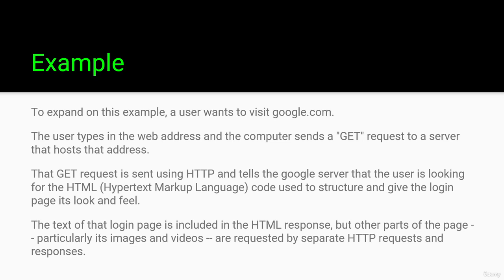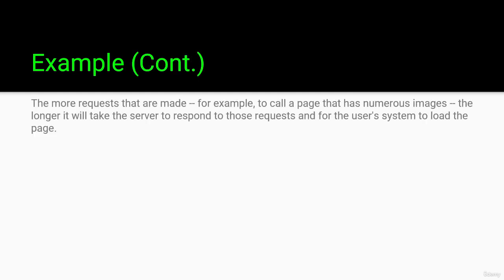The text of that login page is included in the HTML response. Other parts of the page, particularly its images and videos, are requested by separate HTTP requests and responses. The more requests that are made, for example, to call a page that has numerous images, the longer it will take the server to respond to those requests and for the user's system to load the page.